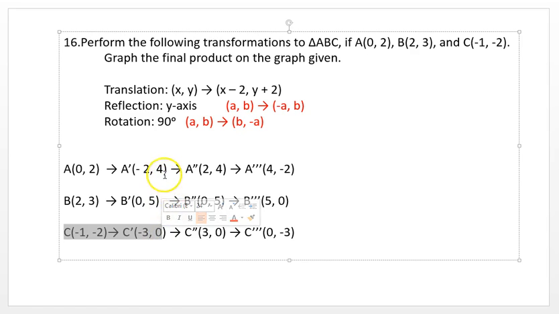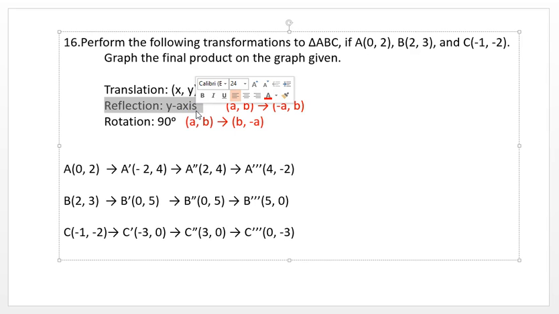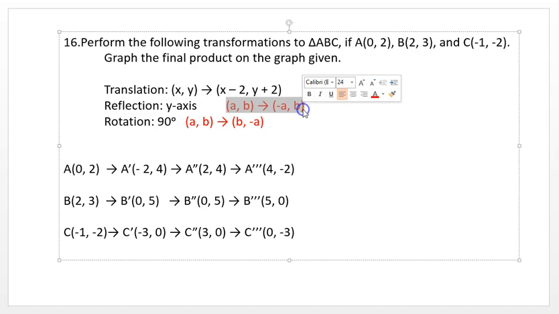Okay, and then when I ask you to do the reflection across the y-axis, or across y equals x or y equals negative x, you will be given this thing right here. I just put it in red because that is one thing you will be given on the test: your reflection and rotation rules.